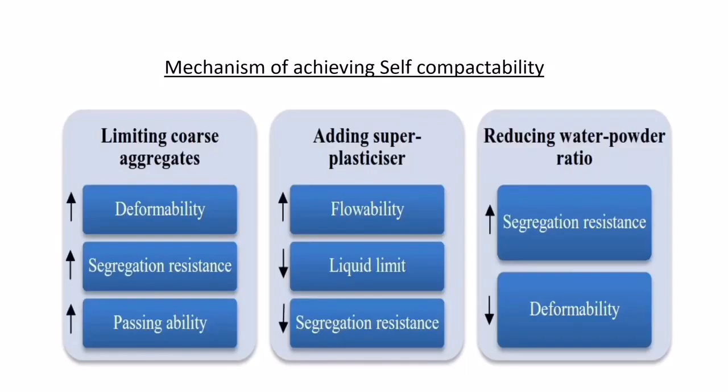These achieve self-compactability. Limiting coarse aggregate increases deformability, segregation resistance and passing ability. Adding superplasticizers increases flowability and decreases the liquid limit. Reducing the water powder ratio increases segregation resistance and decreases deformability.